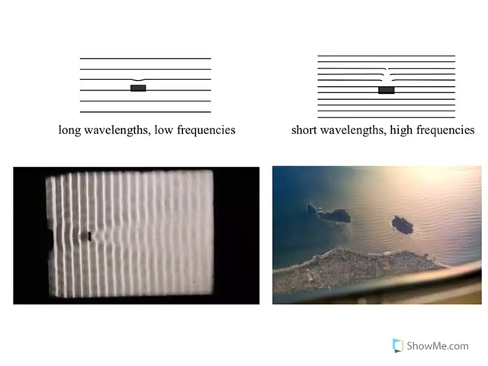All right. If something has an obstacle in the middle, then this is what happens. On the top left, long wavelengths, low frequencies, you get a little bit in behind that object. Short wavelengths, high frequencies, then you get a bit of a shadow in behind that object.